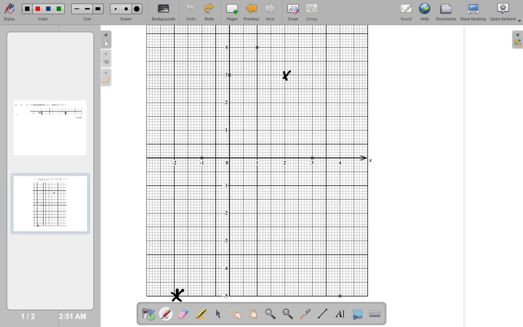So I'll try to make my curve as smooth as I can. So I move upwards this way. That's true.